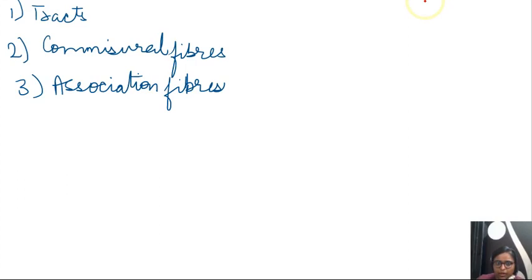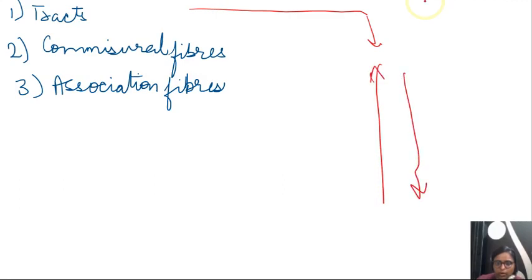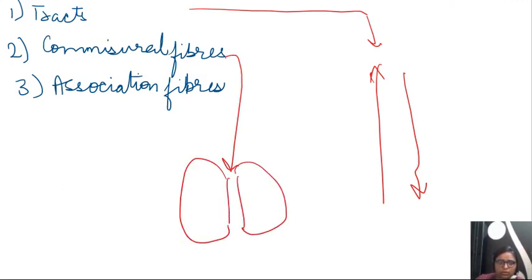So what are the tracts? Tracts are connecting your brain in the vertical fashion, from up to down and down to up. So these have the common origin and common insertion. Fine. What are the commissural fibers? Your commissural fibers are connecting your brain from left to right.